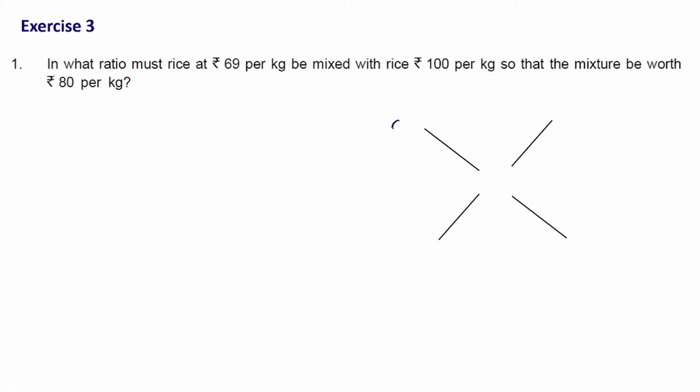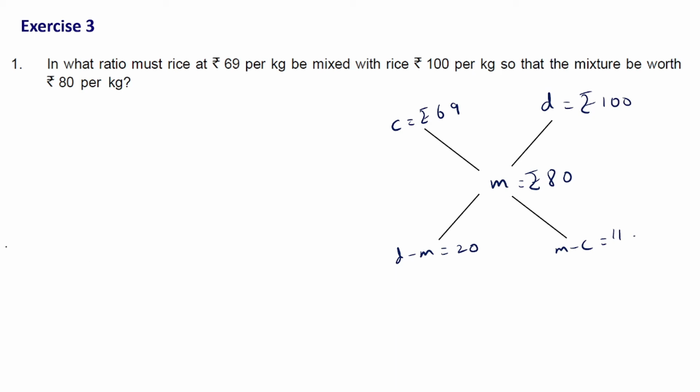Using the cross, we have C equal to rupees 69, D equal to rupees 100 and the mean price M equal to rupees 80. Here we have D minus M, so 100 minus 80 is 20. Here M minus C, so 80 minus 69 is, I'm sorry, 11.